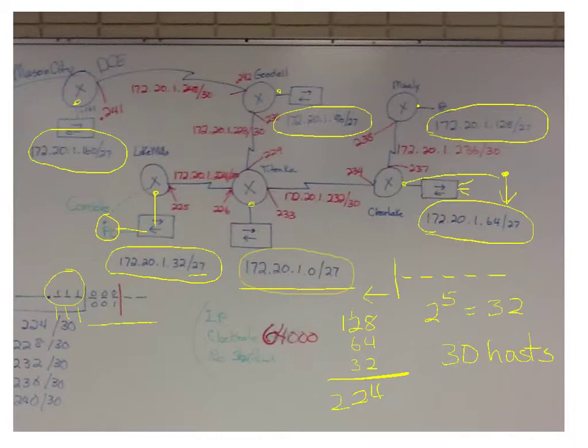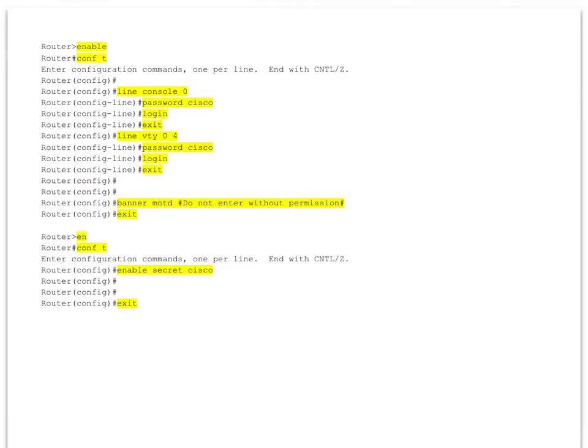Alright. Now, next thing, we'll go in and we'll talk a little bit about the configurations. On this one, we entered the router and we had to use some type of terminal emulating software. Now we use PuTTY.